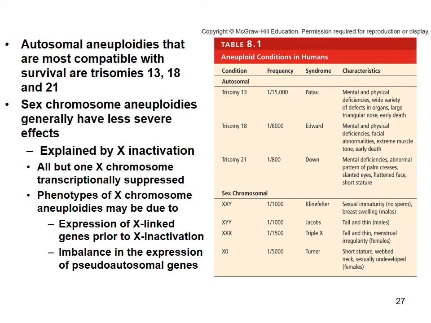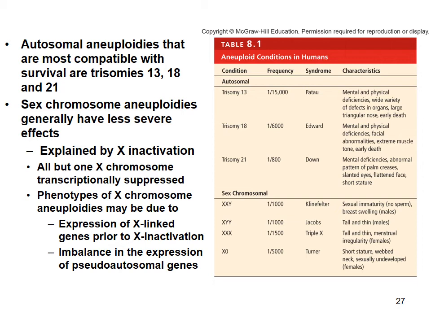So you can go ahead and take a look at table 8.1, and you can see the frequency that it's been reported. And a lot of research has indicated that if the third set occurs anywhere else on the autosomes, it induces the spontaneous abortion that I was mentioning to you beforehand. But for some reason or another, 13, 18, and 21 are more viable or more able to accommodate a third set.